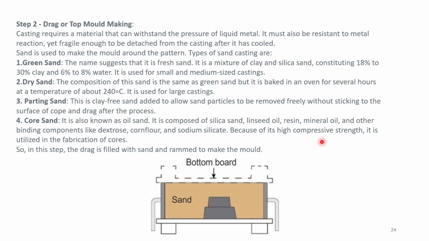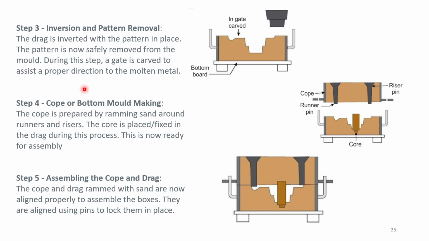In this step, the drag is filled with sand and rammed to make the mold. So you have prepared your drag. After this step, you invert the drag and remove the pattern. The drag is inverted with the pattern in place and the pattern is now safely removed from the mold.